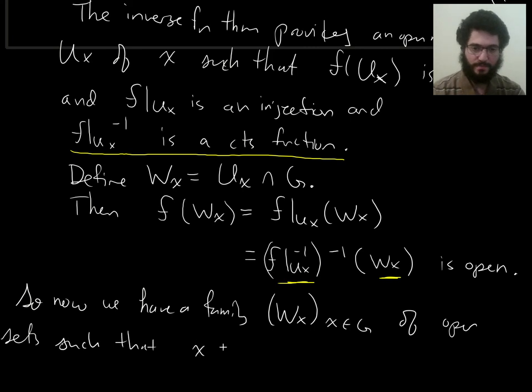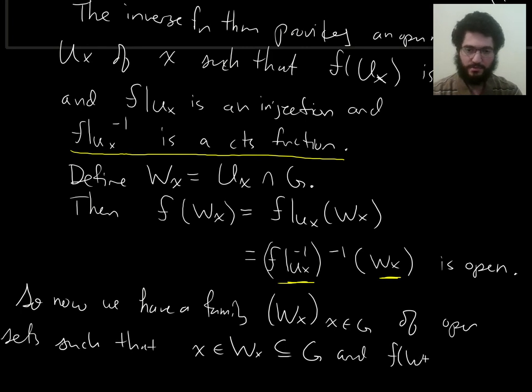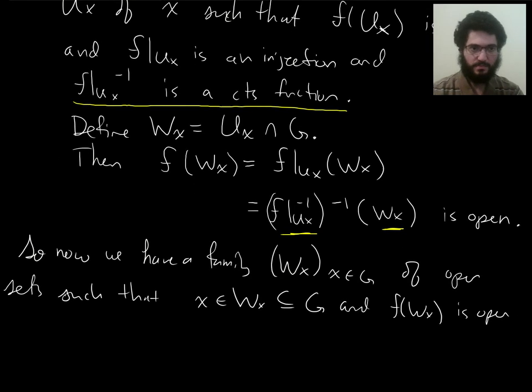They're subsets of G, and each W sub x contains x, it's a neighborhood of x, and its image under f is open. This is for all x.